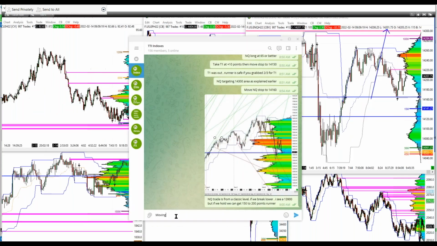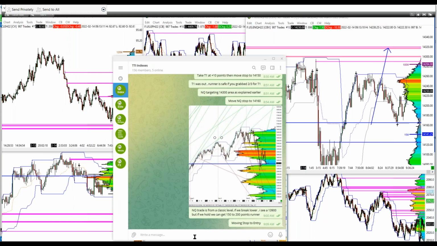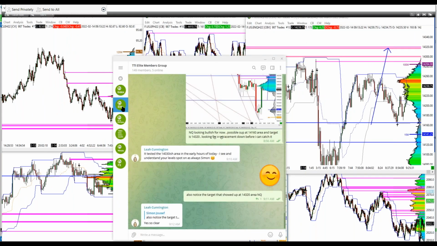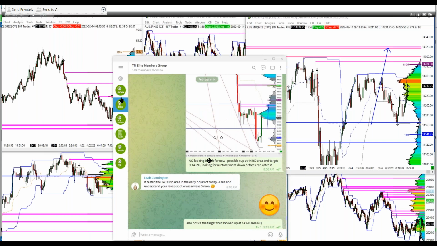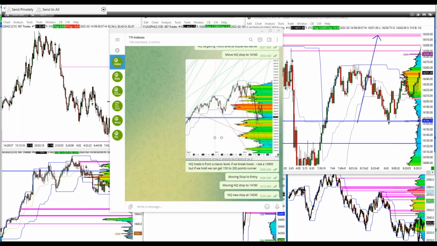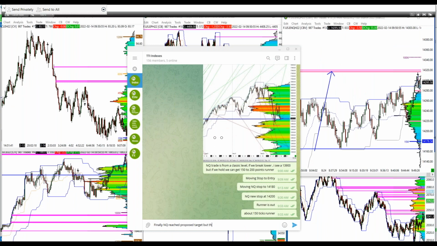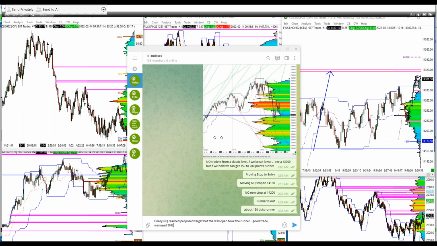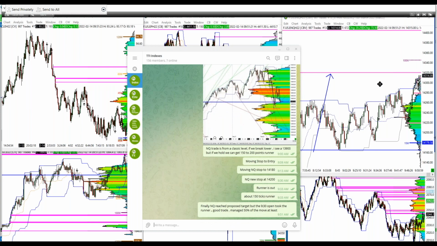Move stop. All right. And then move stop higher. See members enjoying it. I have, I think, 5 different channels. New stop is this. Finally, look at that. Boom. That's it. Reach target. Okay.